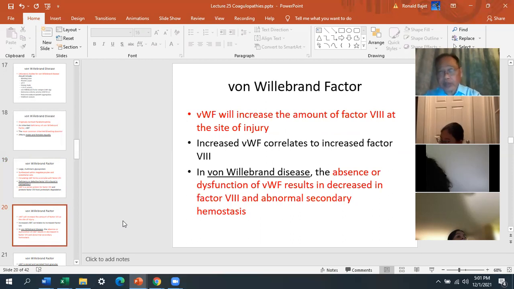Whenever an injury occurs, the von Willebrand factor releases the factor 8, unloading it conveniently at the site of injury. Increased von Willebrand factor correlates to increased factor 8 because they go hand in hand. In von Willebrand's disease, the absence or dysfunction of von Willebrand factor results in a decrease in factor 8 and abnormal secondary hemostasis.